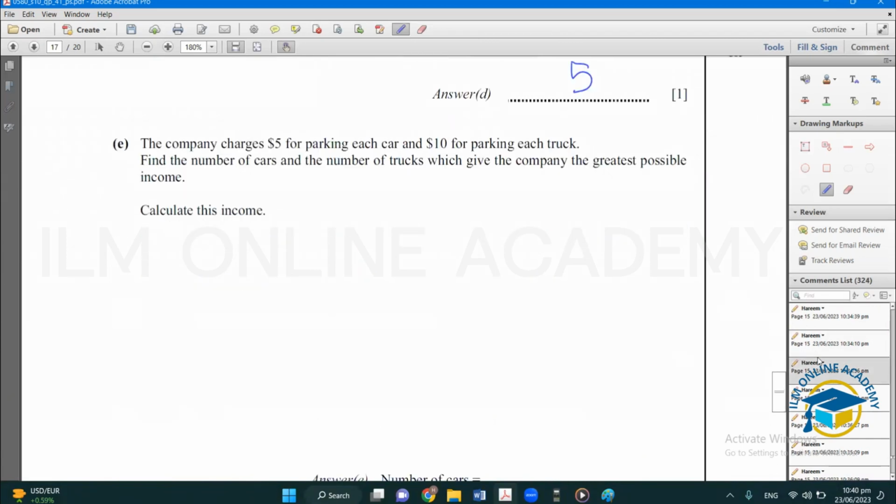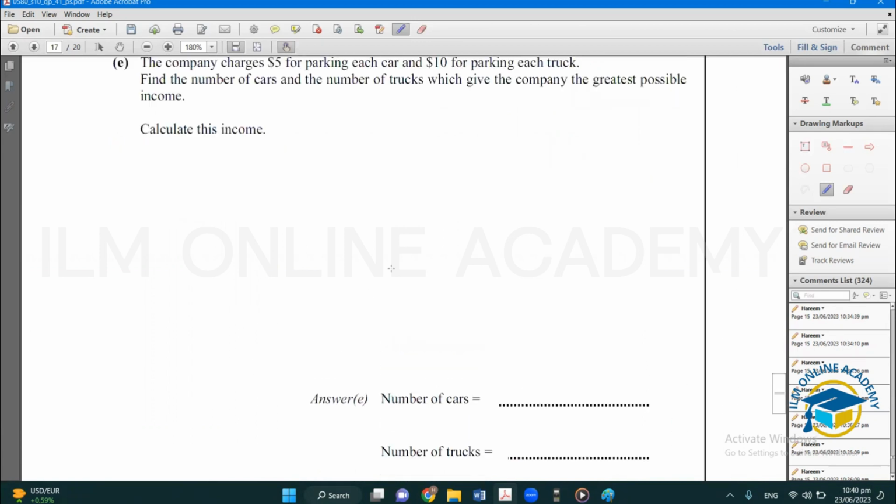Now they're saying that the company is charging $5 for parking of each car and $10 for parking of each truck. Find the number of cars and the number of trucks which give the company the greatest possible income. I can take some combinations, which are 35 cars and 5 trucks because it's the maximum possible number.